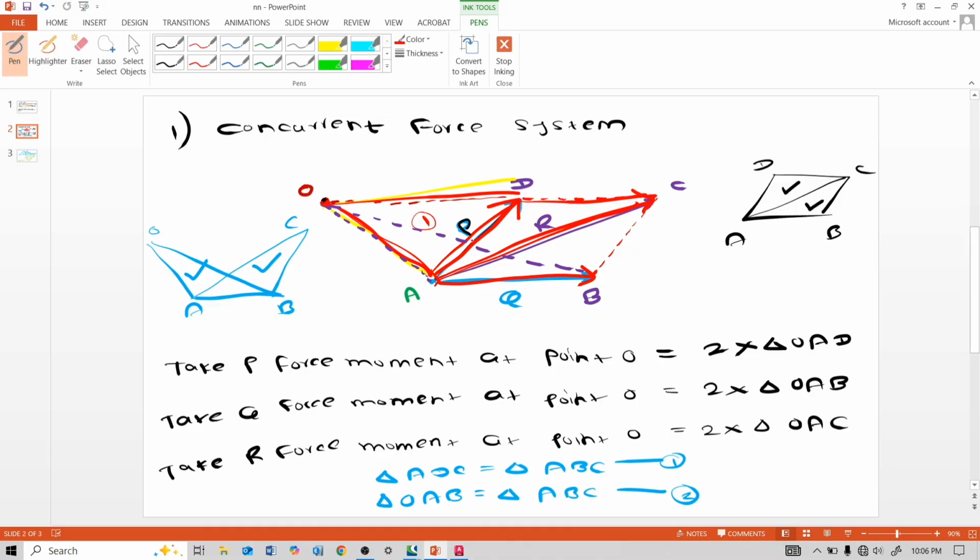Always remember that these are coplanar forces. These are in one plane, and the point where we are taking moment is also in the same plane. So this is Varignon's theorem.